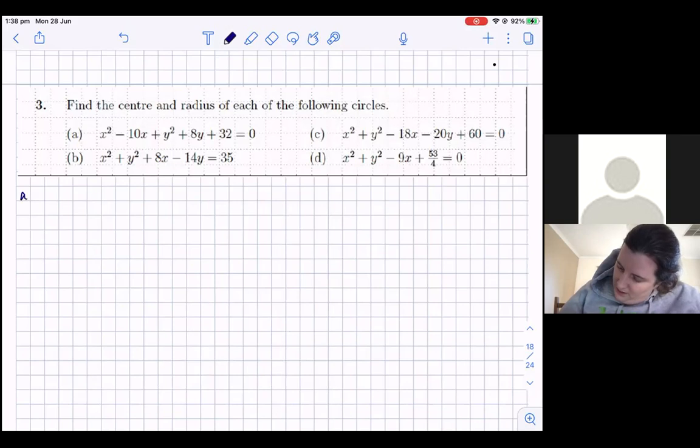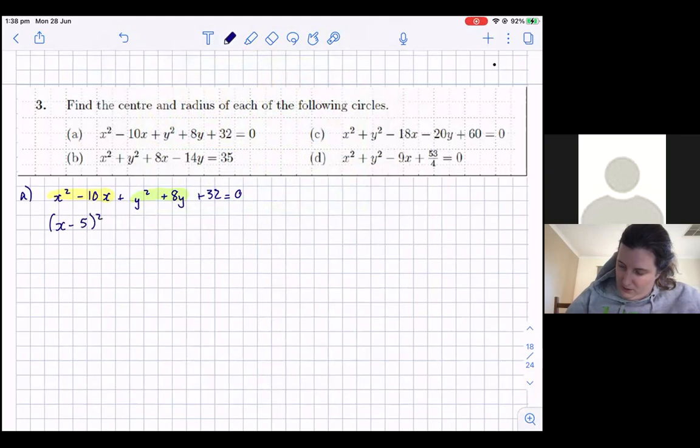So for question A, we've got our x squared take 10x plus y squared plus 8y plus 32 equals 0. So we're going to do it first with the x's, then we're going to do it with the y's, and then we're going to tidy everything up. So we've got x take 10 on 2, which is 5 squared. Then we have to subtract off that 5 squared, plus y plus 8 on 2 is 4 squared. We've got to subtract off that 4 squared. And then we've got that 32 still left over.